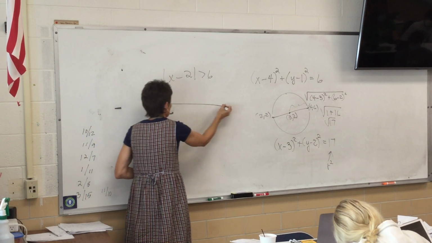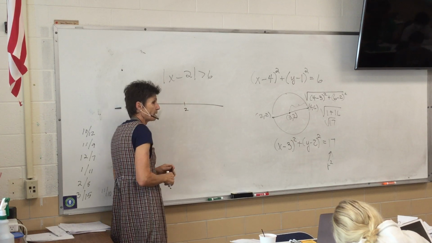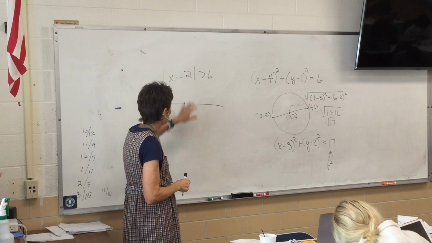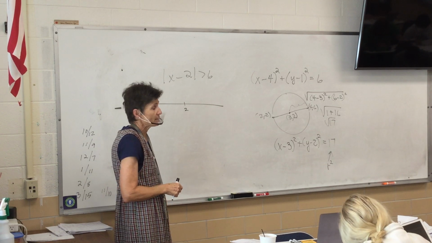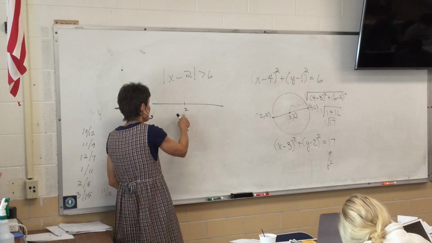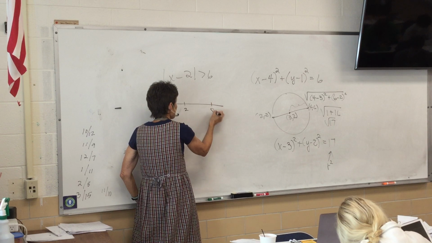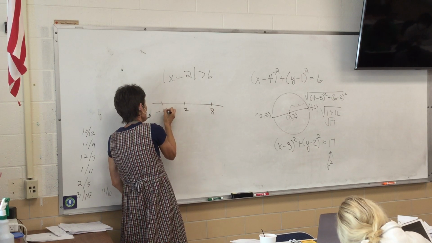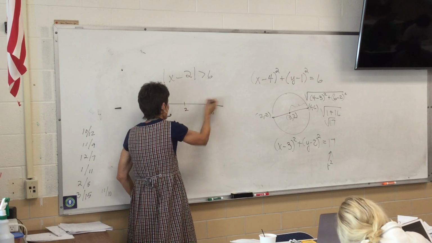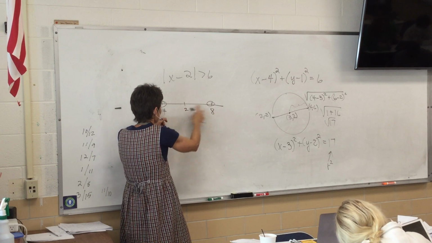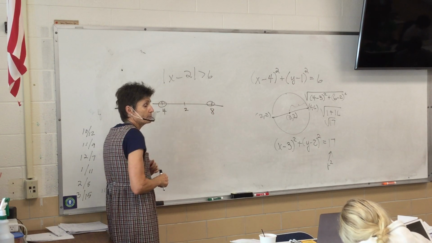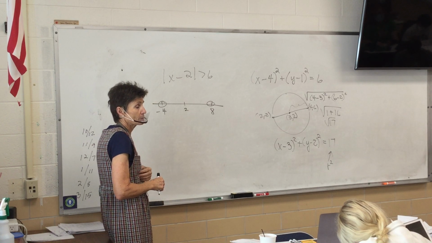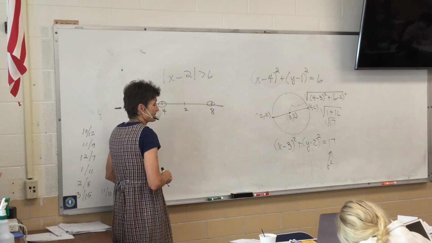Now, you do this however you want. When I do it, I'm gonna put 2 right in the middle of the number line because it's the middle number. This problem says the distance between something and 2 is bigger than 6. So here's 2. 6 this way would be 8. 6 this way would be negative 4. So these are the 2 numbers that are exactly 6 away from 2. But I need to be more than 6 away.